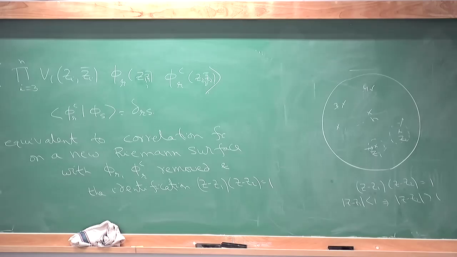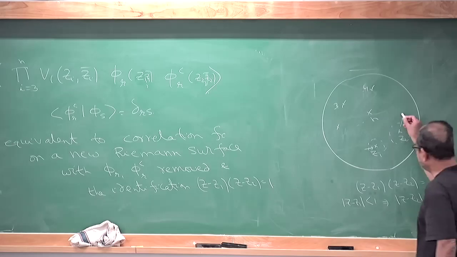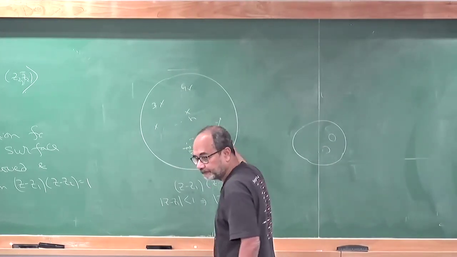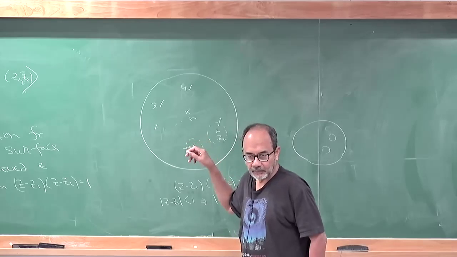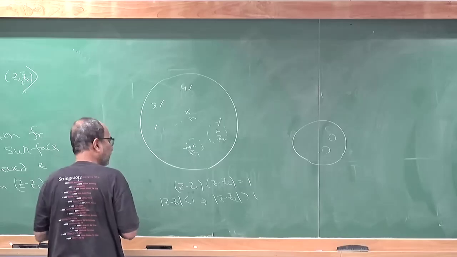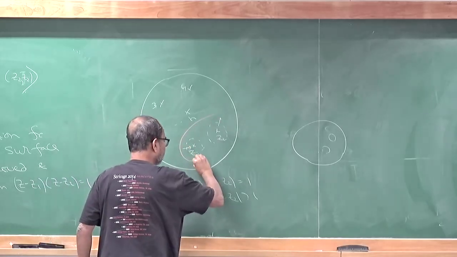Here the two A and B cycles of the torus, right, one A cycle will be like this and the B cycle will be like this. Okay, so let me draw this. The A cycle will be something like this.